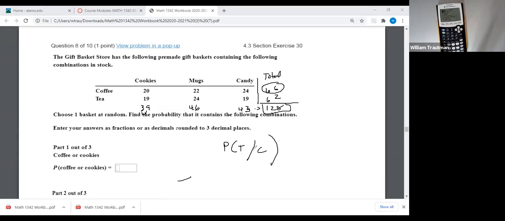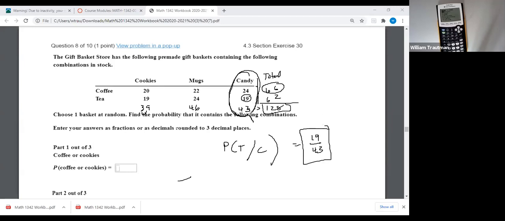The easiest way to do this when we have given candy is we're concentrating just on the candy. When it says given candy, do you see how I circle that? We focus just on the candy. So if I focus on the candy, what's the probability of T? T is 19 out of the 43.